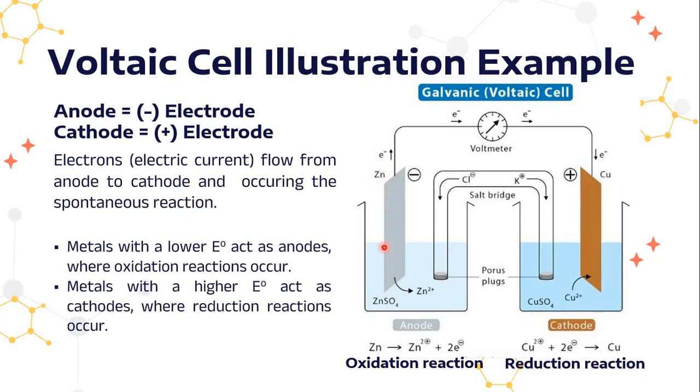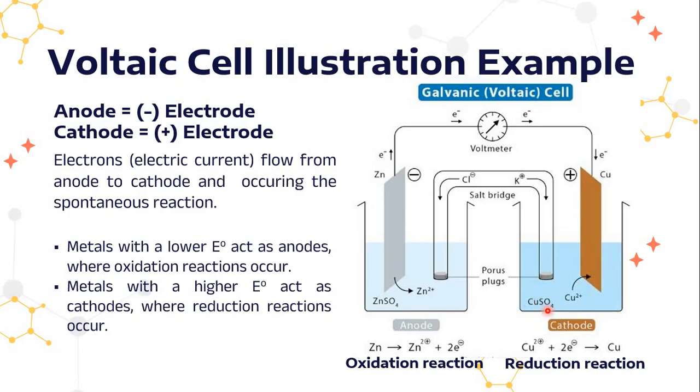There is zinc, so the electrolyte must contain zinc also. It is the same with the cathode. The cathode in this picture is copper. The copper is put in a chamber that contains copper(II) sulfate as the electrolyte.